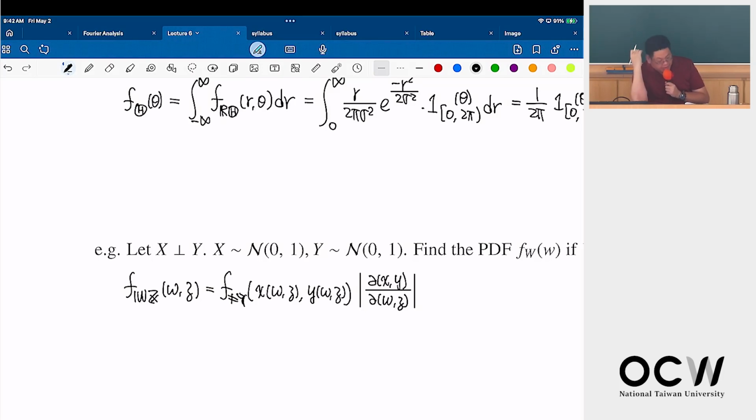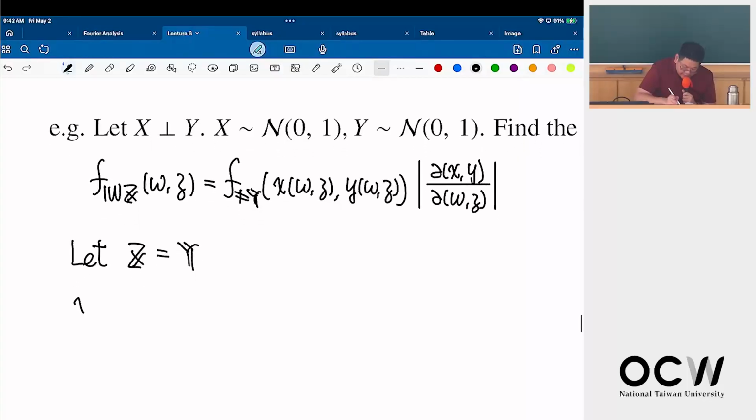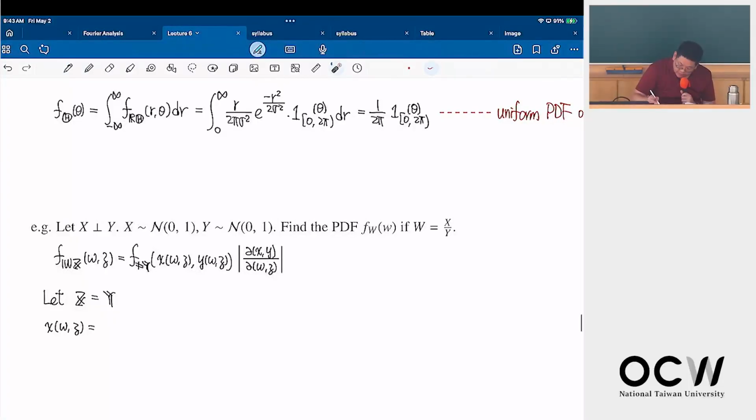Then you say that, well, since I created a new random variable Z, then what is Z? Here we can think about Z as just equal to Y. Suppose we assume that the random variable Z is just the random variable Y. That means X, a function of W and Z, will be WY or WZ.